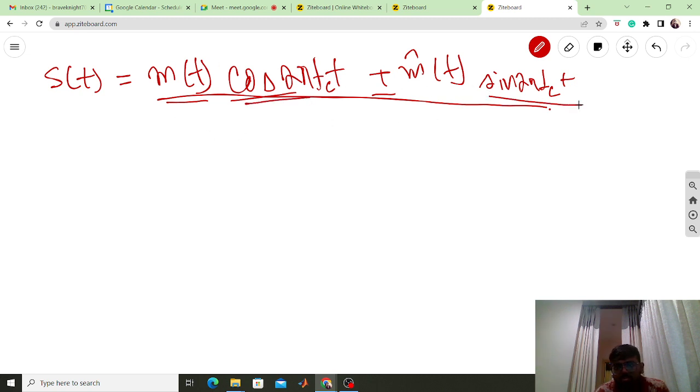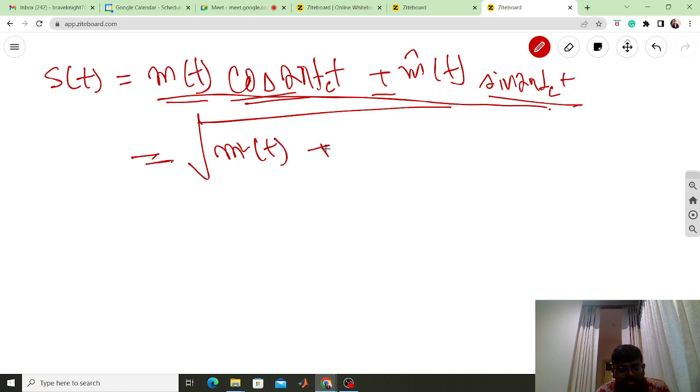These two terms are orthogonal terms. So basically the factor that will come is m square of t plus m hat square of t. That is the envelope. If you want to calculate the envelope of this signal, then the envelope will come like the in-phase and the quadrature phase, its amplitude only. Okay.